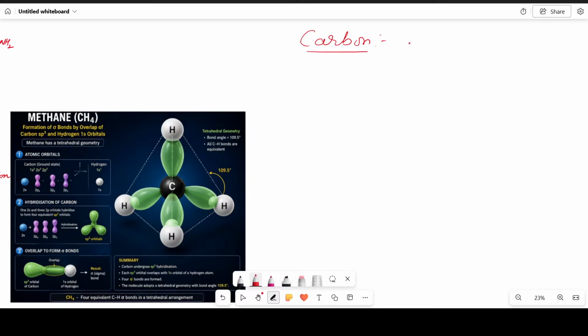What is the electronic configuration of carbon? It is 1s2, 2s2, 2p2. So that is 2, 4. There are 4 electrons in the valence shell.